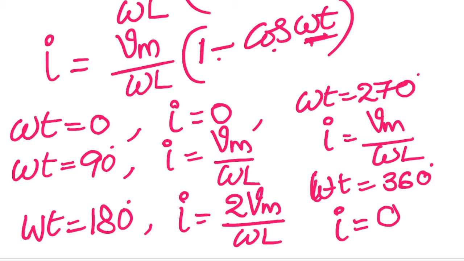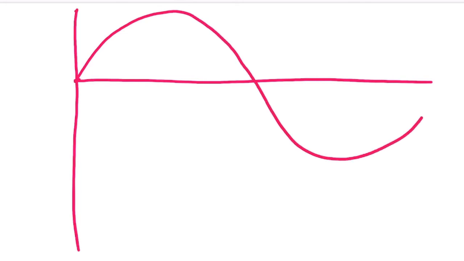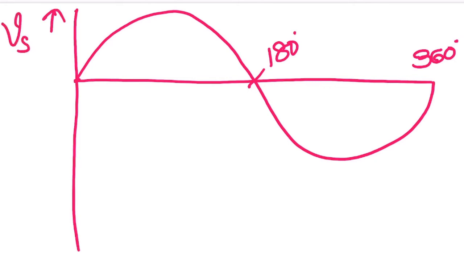Now I draw the supply voltage waveform, which is sinusoidal, with 0, 90, 180, 270 and 360 marked.